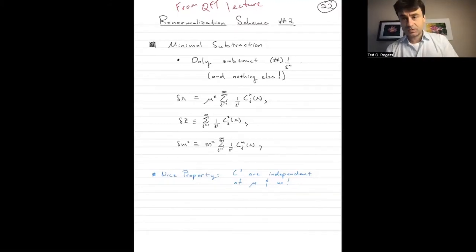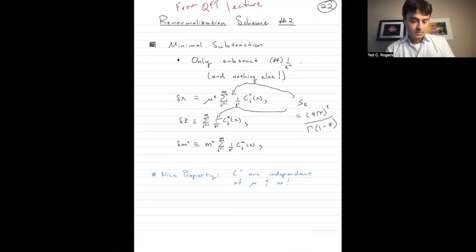All it means is that instead of just subtracting the 1 over epsilon poles, we're going to subtract the 1 over epsilon poles times this factor, which removes a bunch of constant terms order by order in perturbation theory that make the convergence a little bit better.